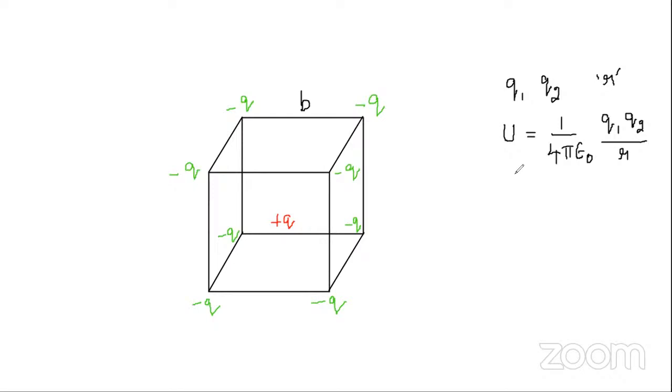If you have 2 charges separated by some distance r, and you want to find out the potential energy for these 2 charges, you have to use this equation U equal to 1 by 4 pi epsilon 0 Q1 Q2 by R.